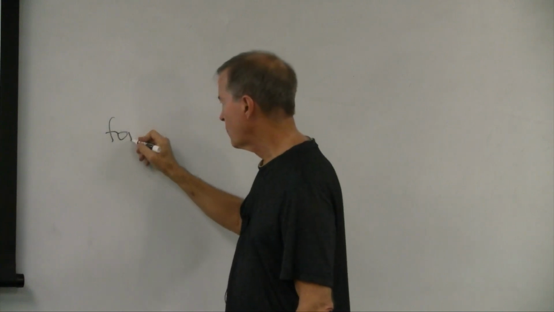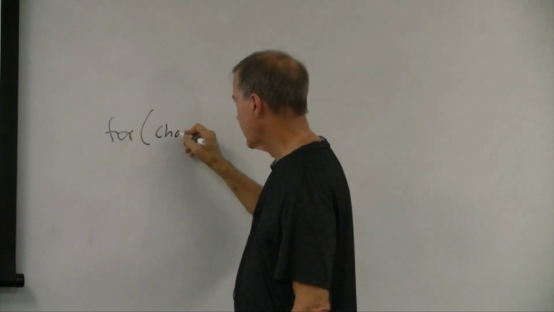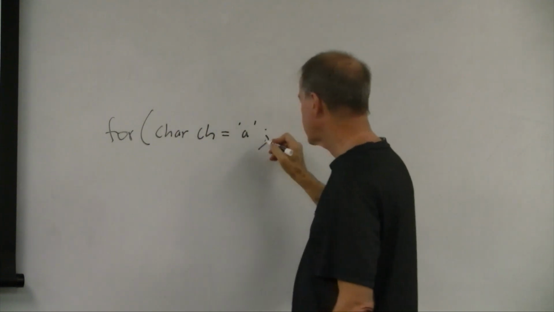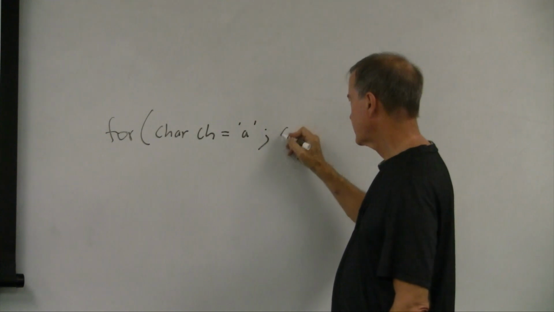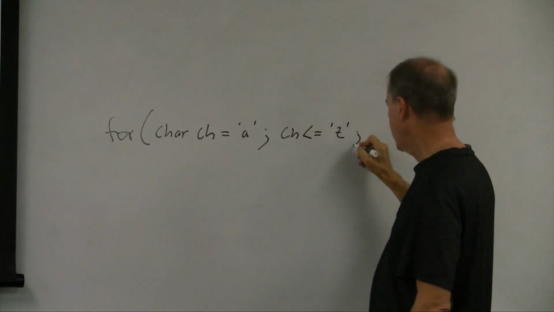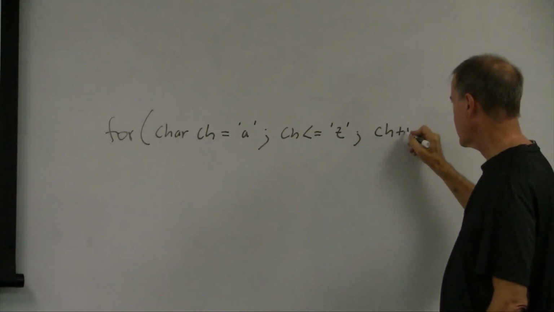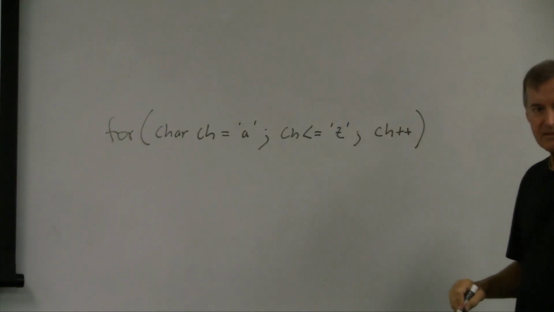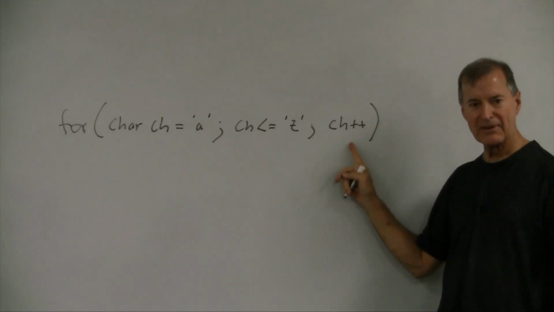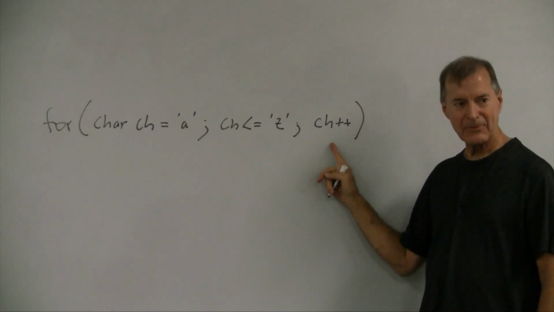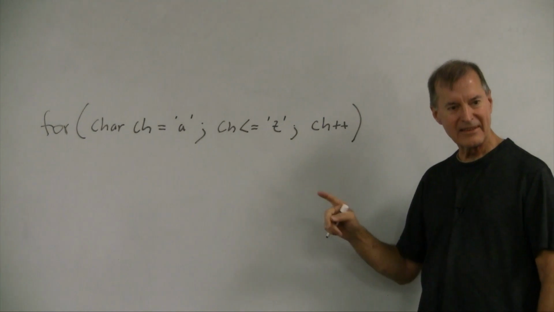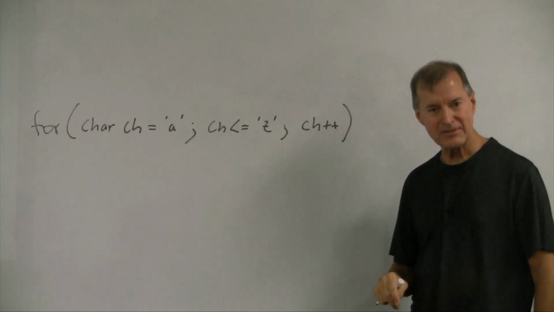You can say for char ch gets 'a'; ch less than or equal to 'z'; ch plus plus. You can add. What are we doing here? Adding 1. If you add 1, it's the next letter over. And so you can run through all the lowercase letters like this.